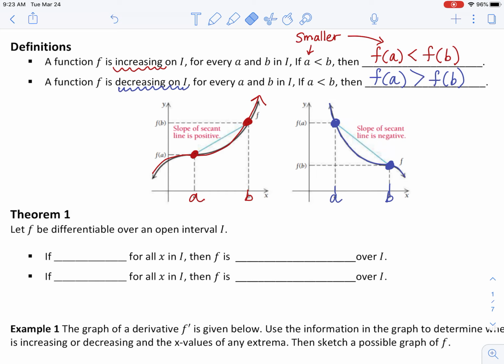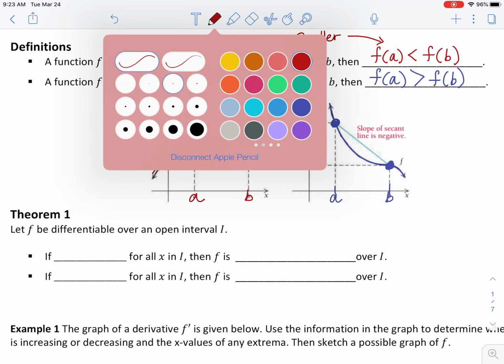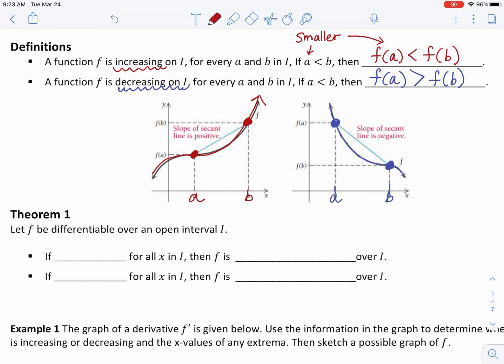Now, let's connect some calculus to this. Take a look at this picture for me. The first one on the left says the slope of the secant line is positive. From a to b, notice the slope of the secant line is going up from left to right. If the slope of the secant line is positive, then we're going to say this function is increasing.